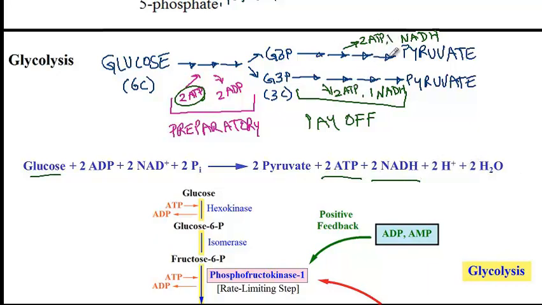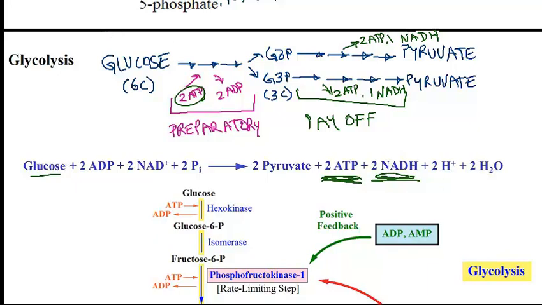So here 4 ATP minus 2 ATP that was initially consumed yields 2 net ATP. And then 1 NADH and another NADH for the second glyceraldehyde 3-phosphate will yield 2 NADH. So this is basically the net reaction that you should be familiar with for the glycolysis.